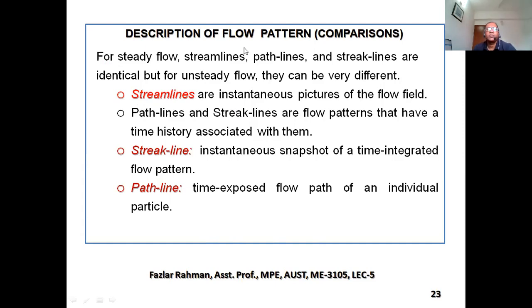That means you have to consider the time, not the velocity. Within 5 seconds or within 2 seconds, you see how the fluid particle travels in the stream, and you make that line. That is called a path line.